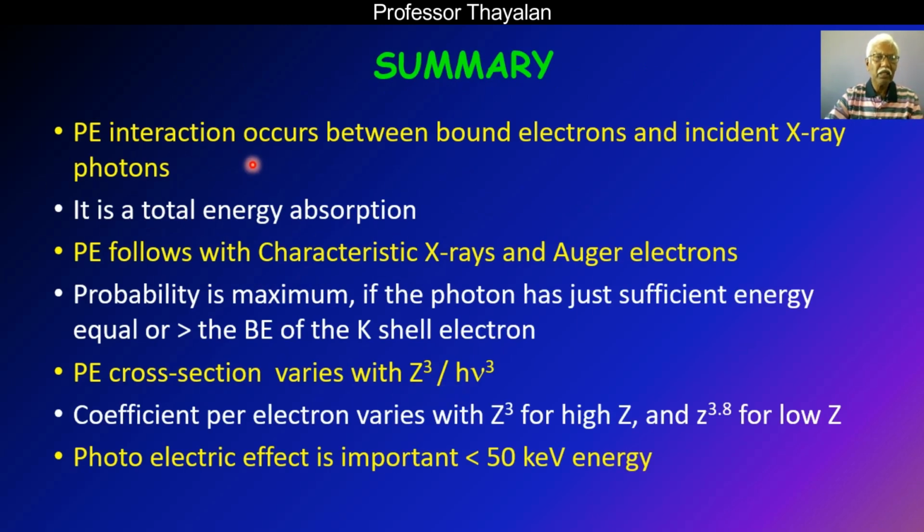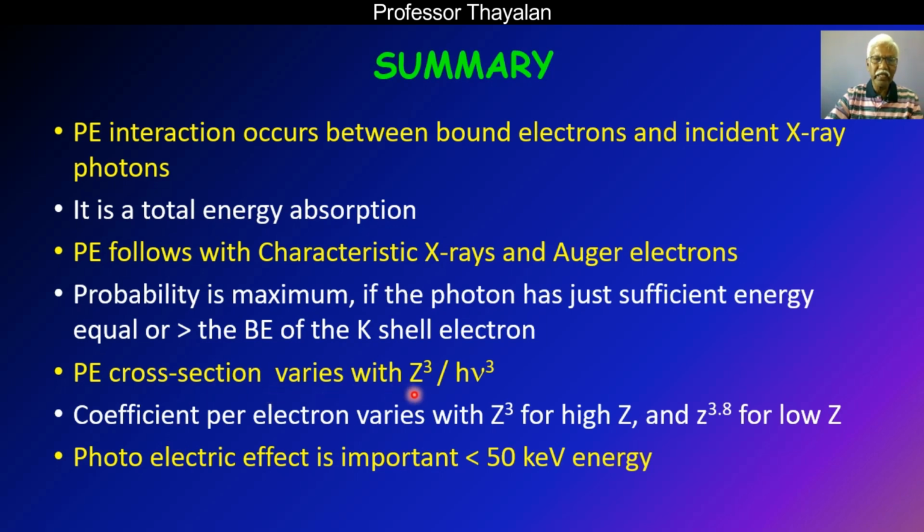In summary, photoelectric interaction occurs between bound electrons and the incident X-ray photon. It is a total energy absorption. Photoelectric effect is followed by characteristic X-rays and Auger electrons. Its probability is maximum if the photon has just sufficient energy, equal to or greater than the binding energy of the electron.